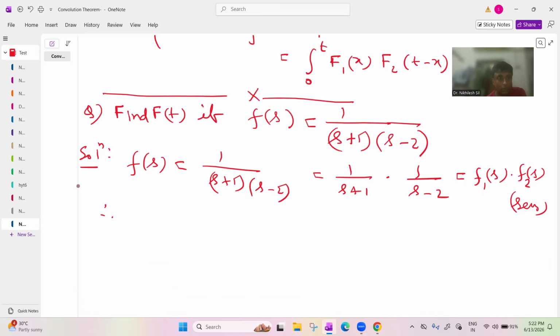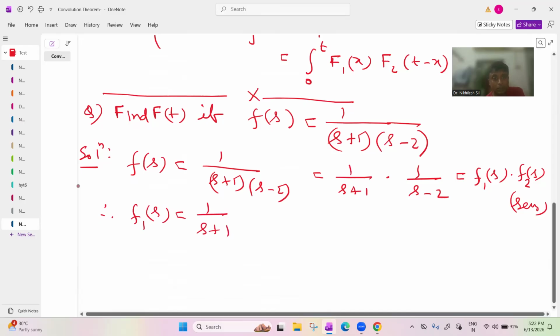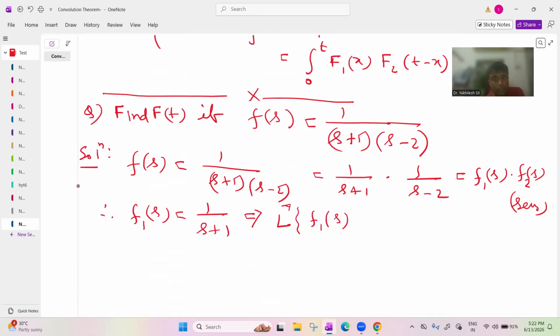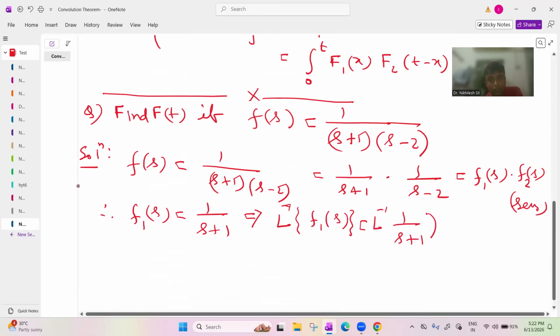Therefore, F1(s) is equal to 1 by (s plus 1), which implies L inverse of F1(s) is equal to L inverse of 1 by (s plus 1), which is e to the power minus t.